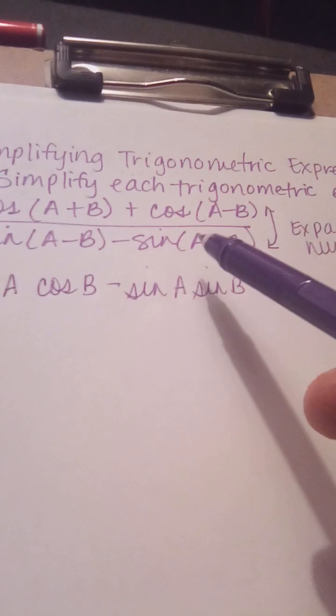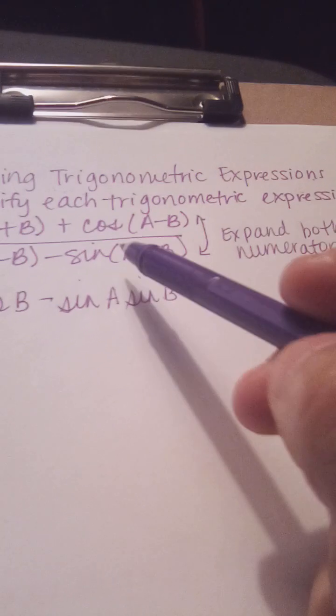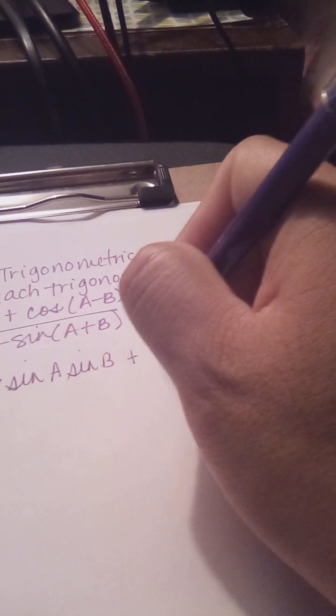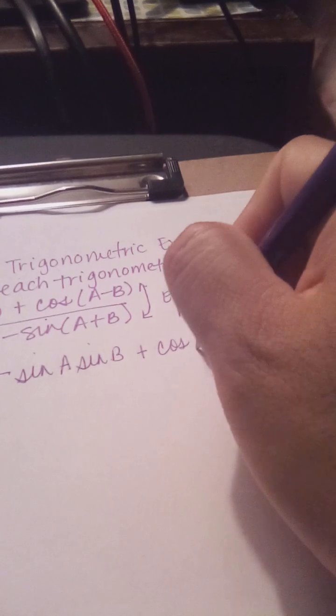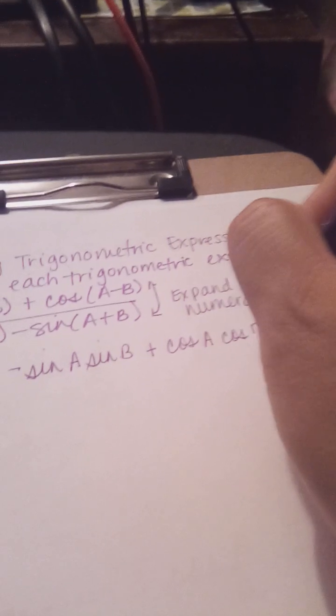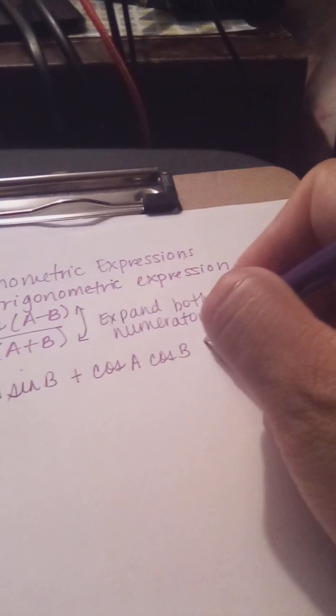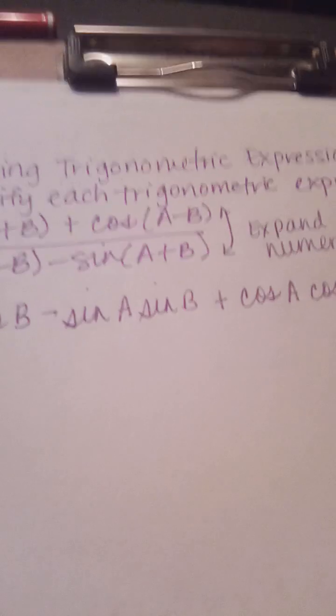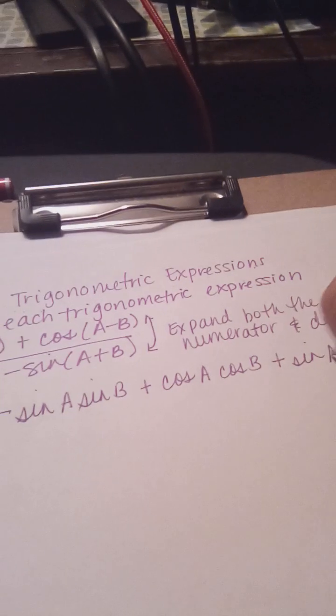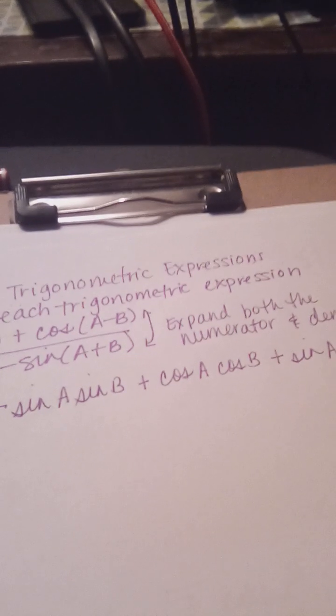Now we're going to do the same thing here, with a plus sign in the middle: plus cosine A, cosine B on the second part, plus sine A and sine B. That's the numerator.